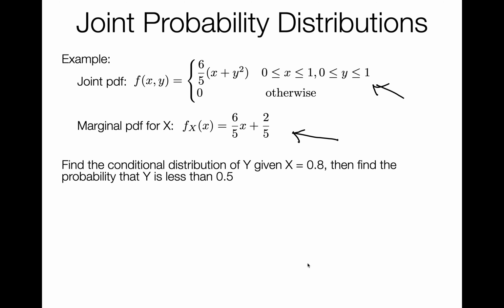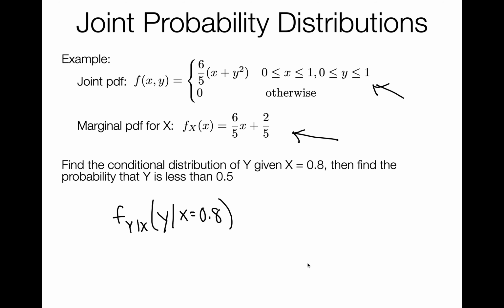Okay, so I'm interested in finding f of y given x. And specifically, I'm actually given an x value. So I'm given that the value of x is going to be 0.8.